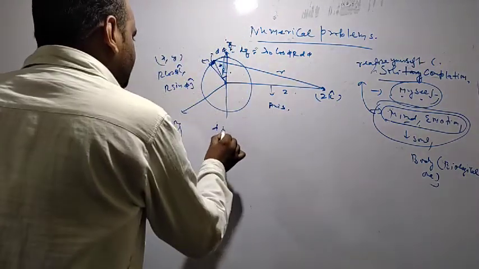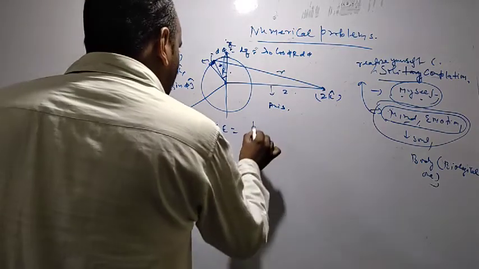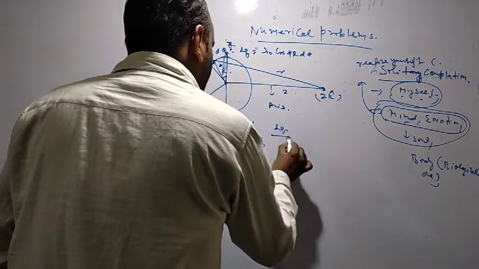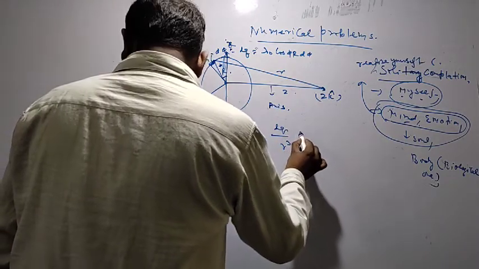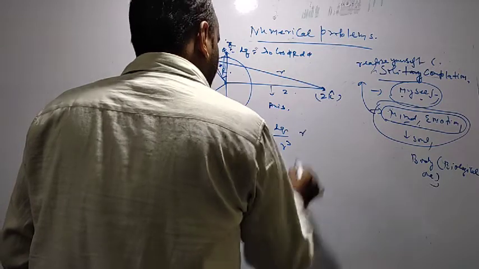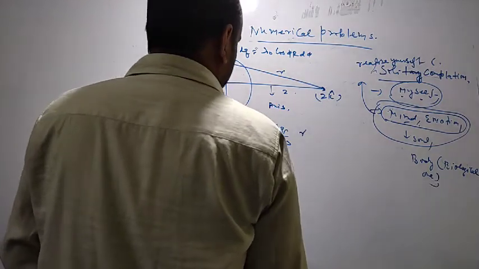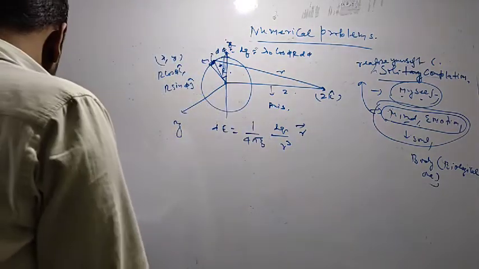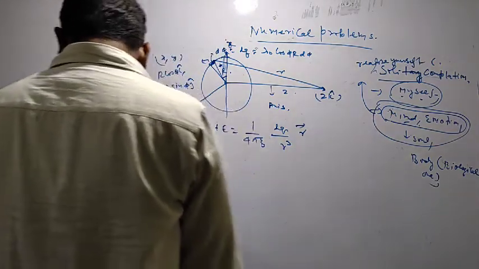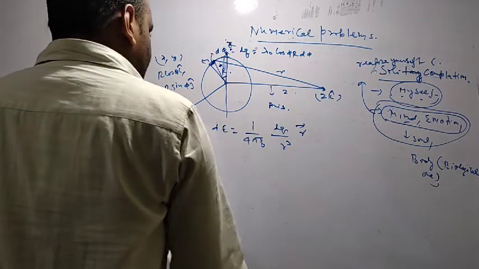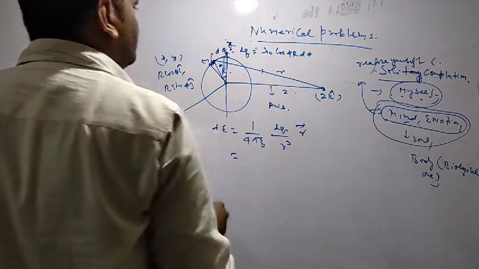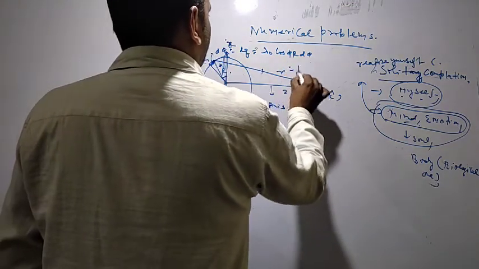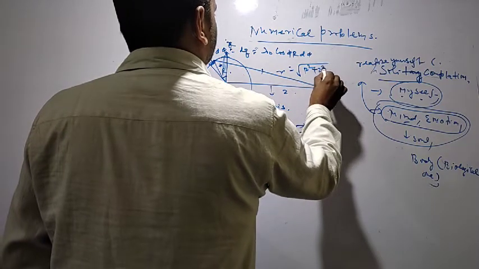So you can write dE in vector form: 1 by 4 pi epsilon naught, dq by r cube, and vector r. Well, and this r, of course, is going to be the magnitude, under root r square plus z square.